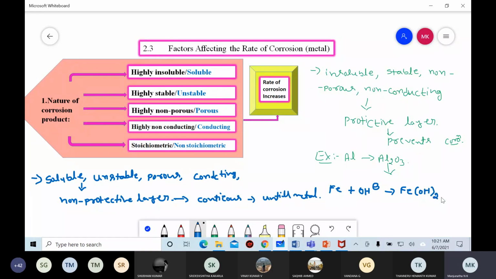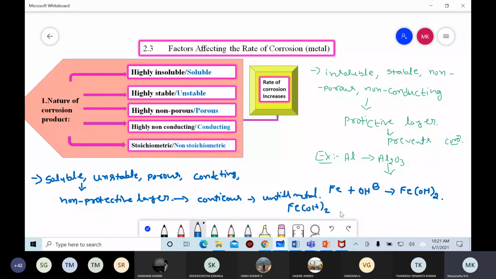Whatever iron hydroxide layer is formed, generally it is soluble in nature, unstable in nature, porous in nature, and conducting in nature. Due to these characteristics, this iron hydroxide layer has the ability to undergo further corrosion.